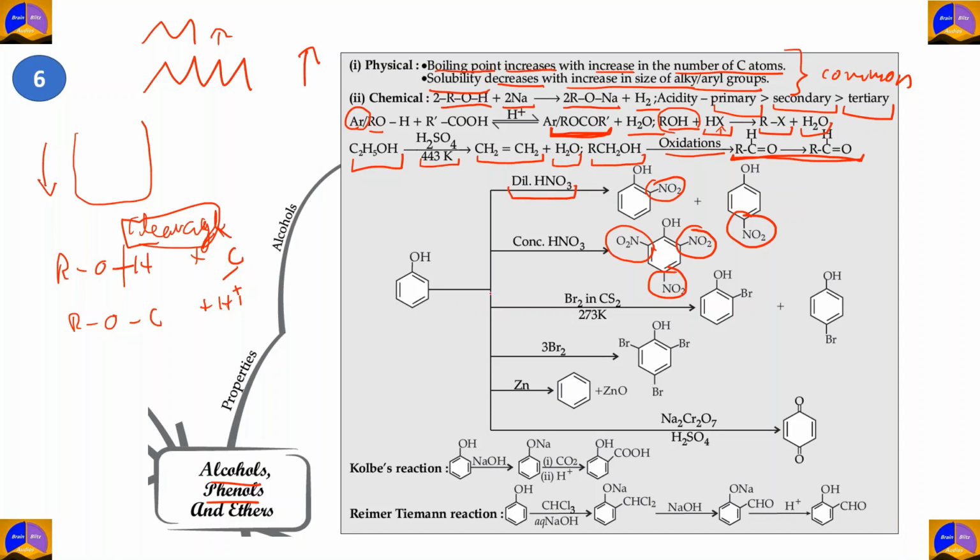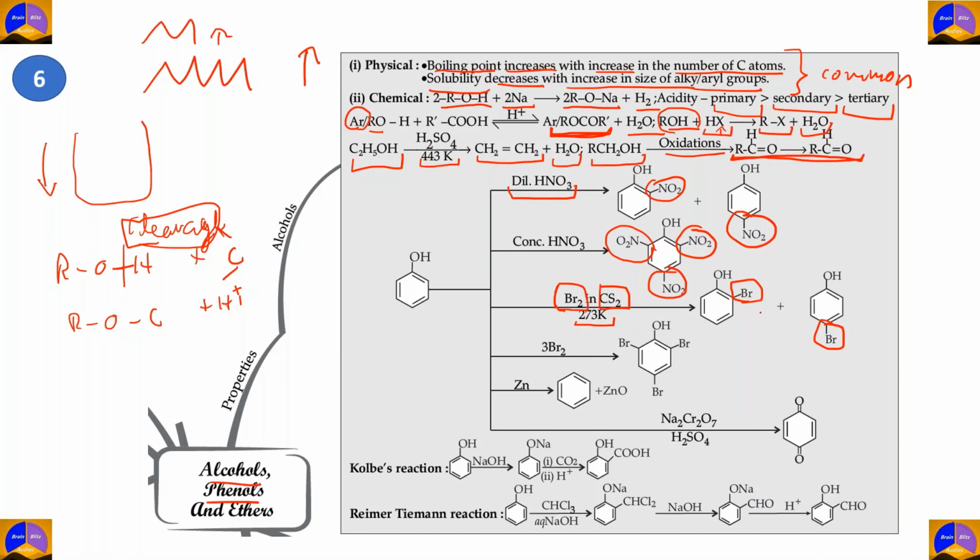Let's look at the next reaction. Phenol in the presence of a halogen, which is bromine, in CS2, which is carbon disulfide, at a temperature of 273 Kelvin, would give you a phenol with a halogen, both in the ortho position and the para position.